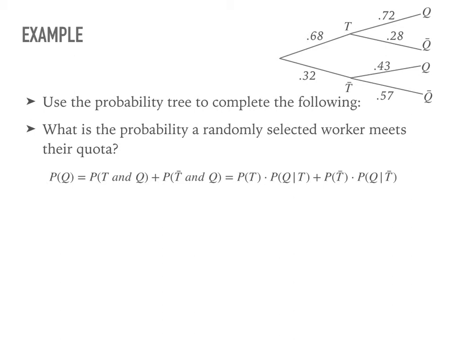Now these are all numbers that we know, so that means we have 0.68 times 0.72 plus 0.32 times 0.43, which gives us 0.6272. So approximately 0.627.